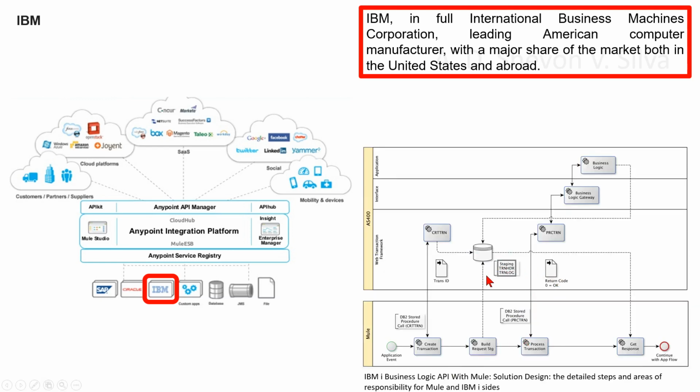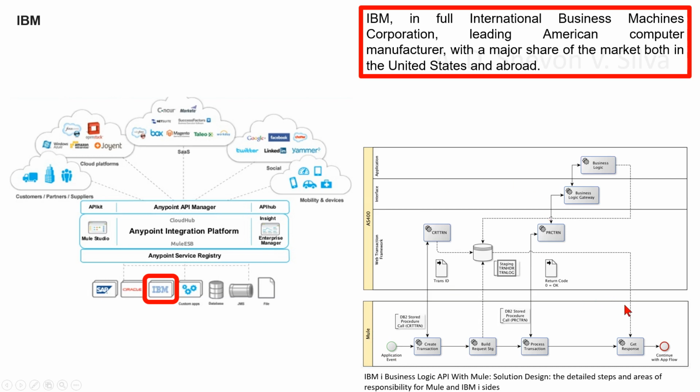Here you can see the detailed steps and areas of responsibility for Mule and IBM i sides in IBM i Business Logic API with Mule. Here is the solution design.